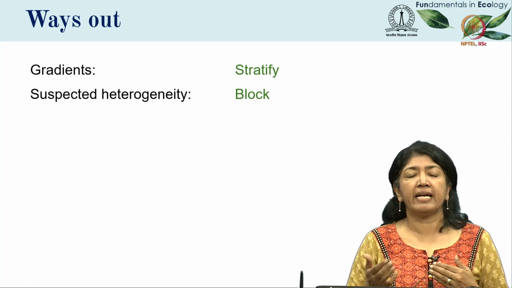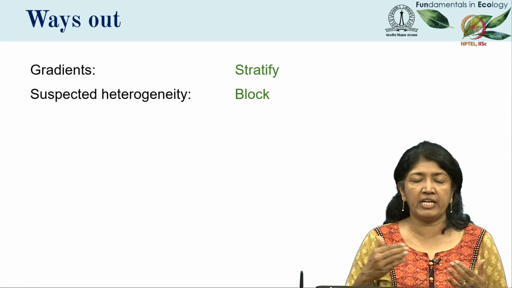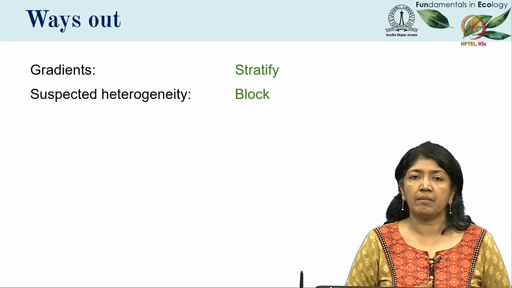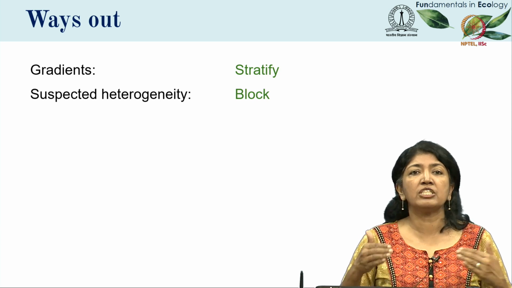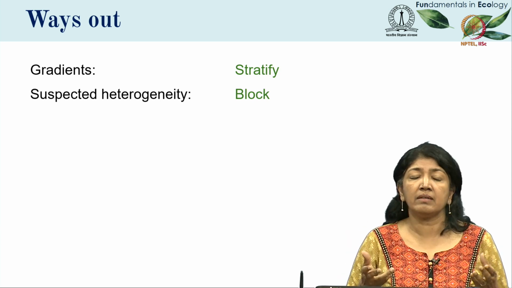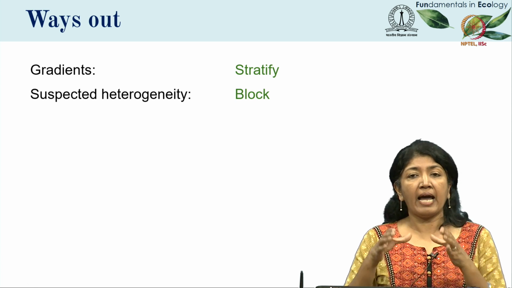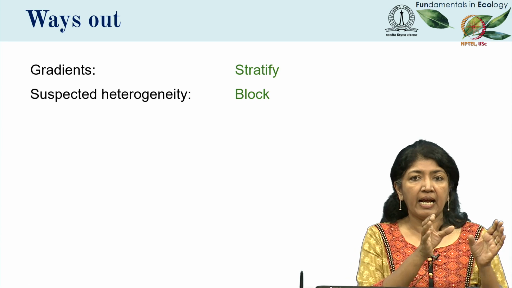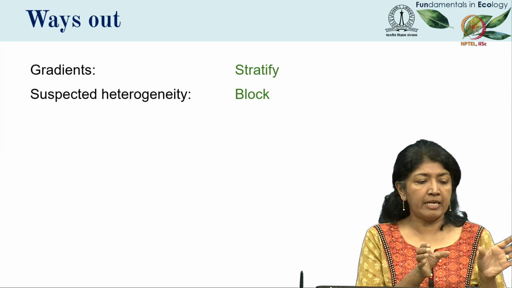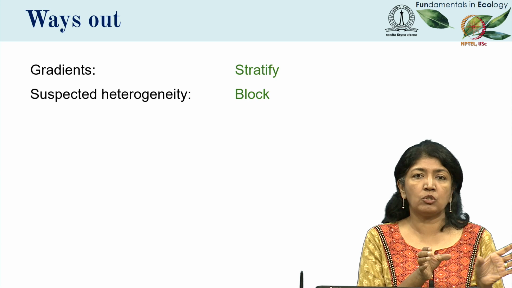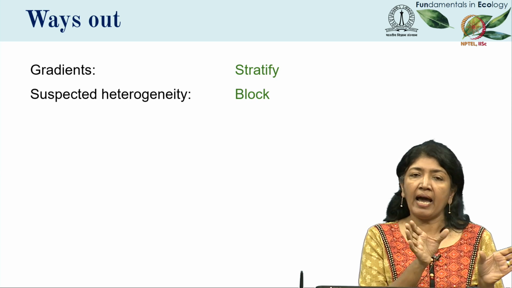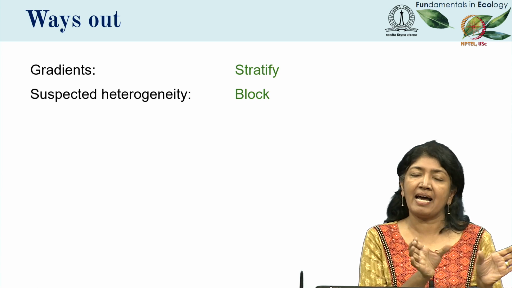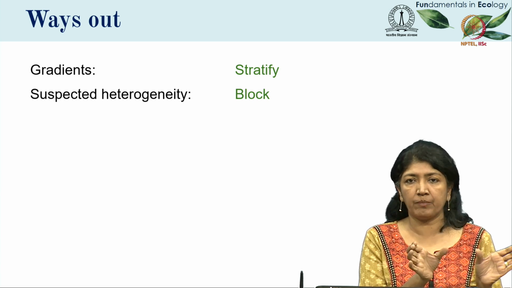Suppose there is no known gradient, but I suspect that there is heterogeneity. For example, in the fencing and grazing example, suppose I suspect that there is heterogeneity in the grassland, but I am not sure what is causing it. Then I can block. That is, I can choose locations and in that area create fenced exclosures to keep out grazers, and close by place control plots where grazers have access, and then compare plant communities.